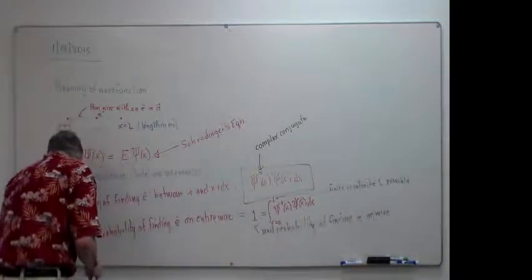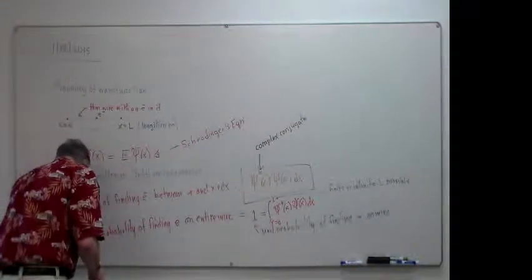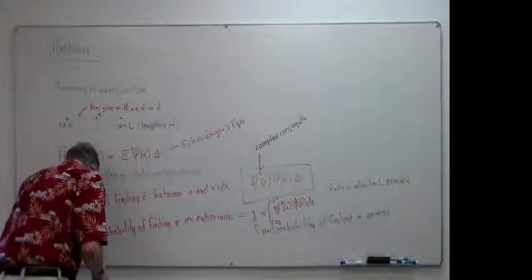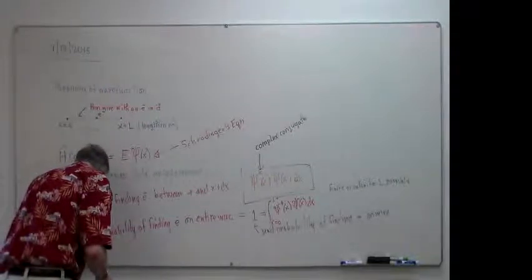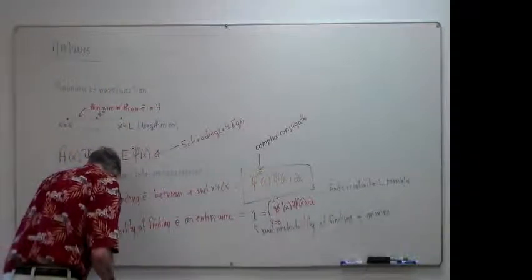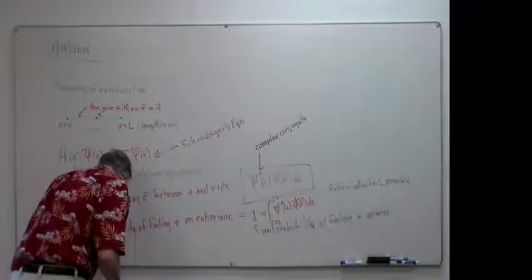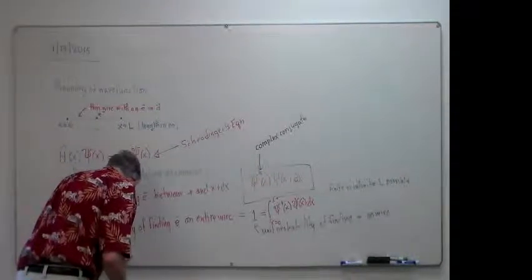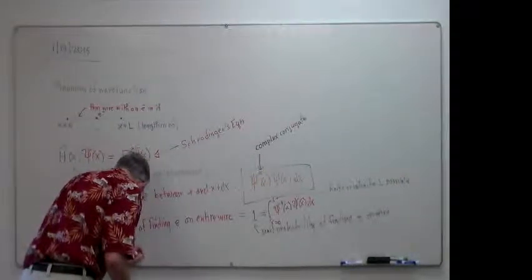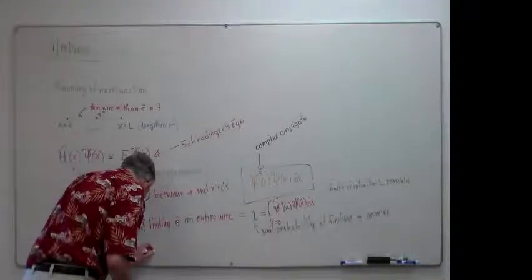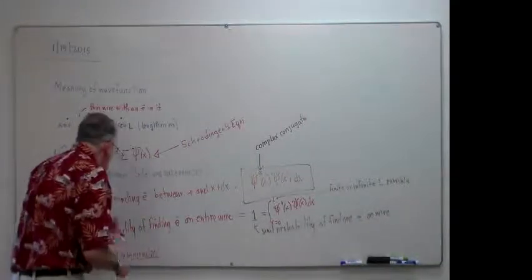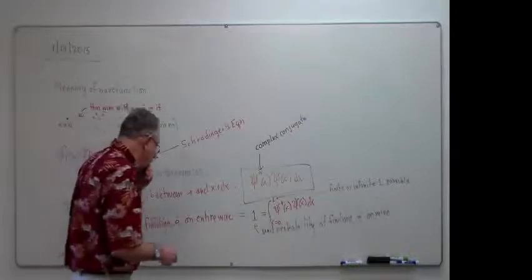Wave functions are said to be normalized. And this is important because you can get something that obeys the Schrödinger equation that isn't normalized.